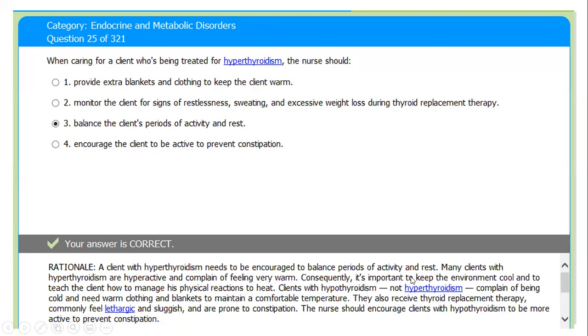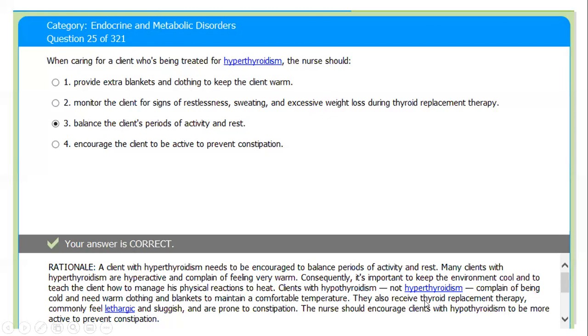Consequently, it is important to keep the environment cool and to teach the client how to manage his physical reactions to the heat. Clients with hypothyroidism, not hyperthyroidism, complain of being cold and need warm clothing or blankets to maintain a comfortable temperature.